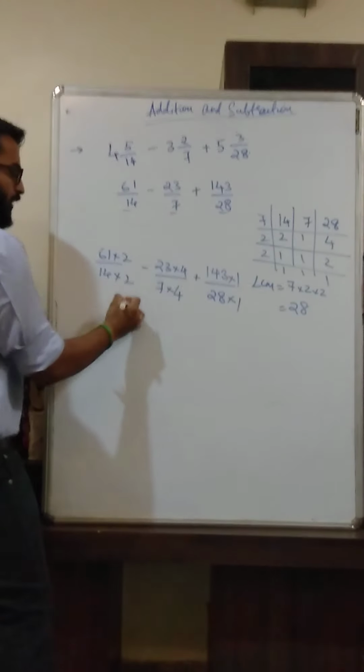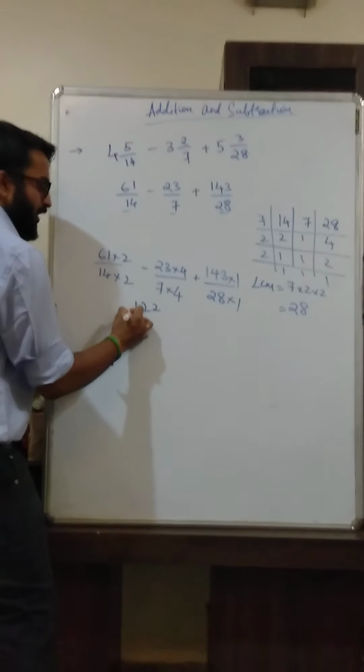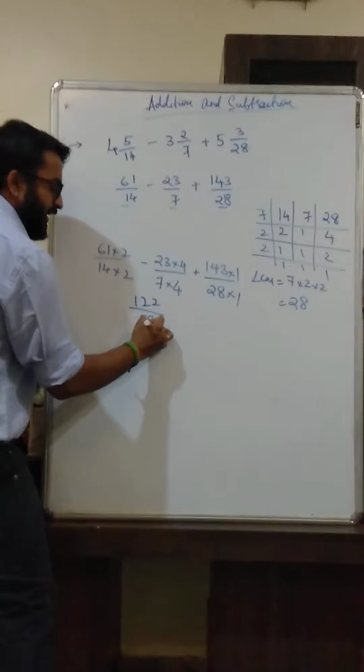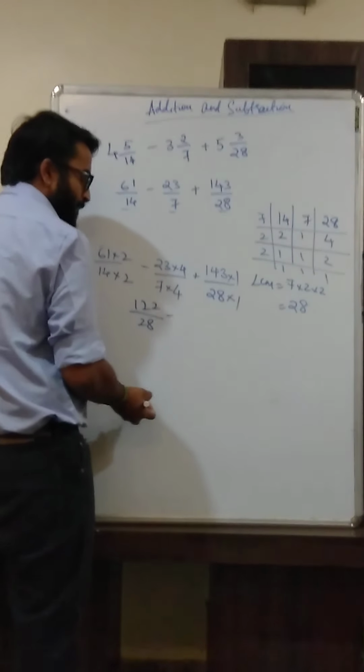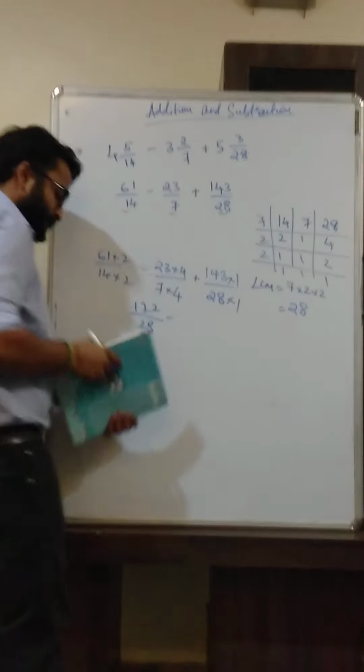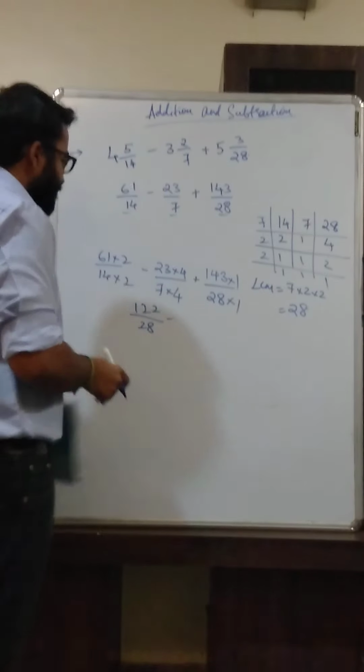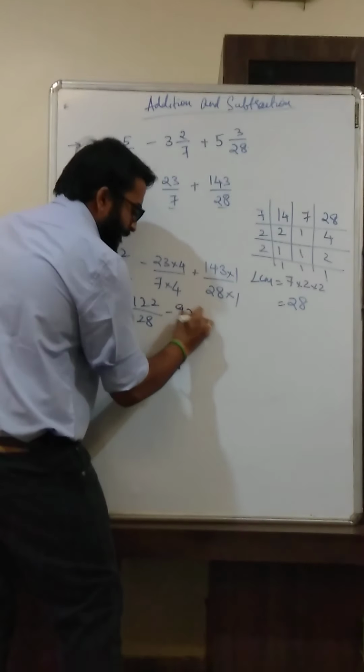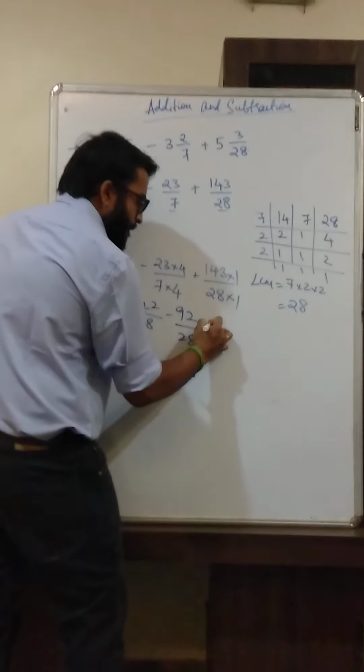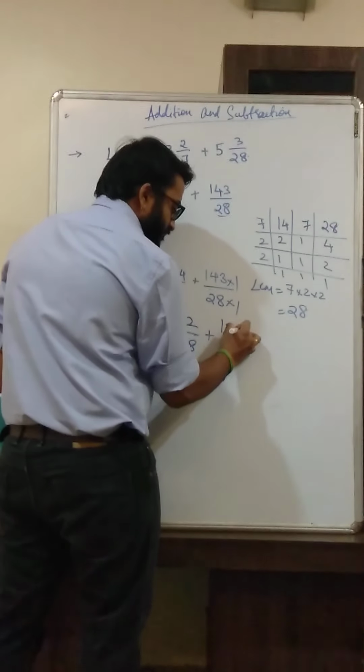Okay. Now 122 by 28 minus 92 by 28 plus 143 by 28.